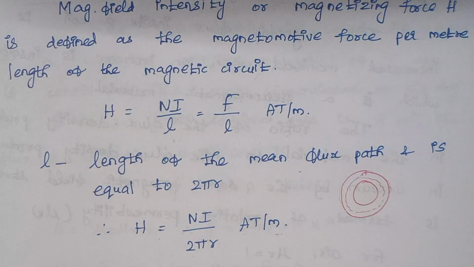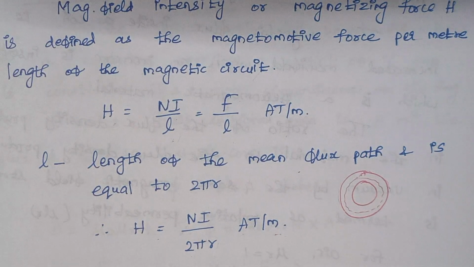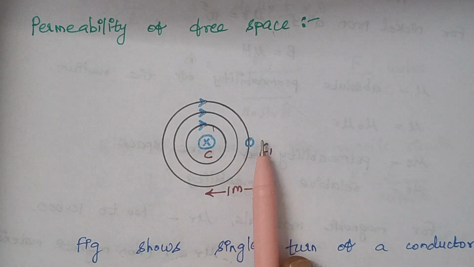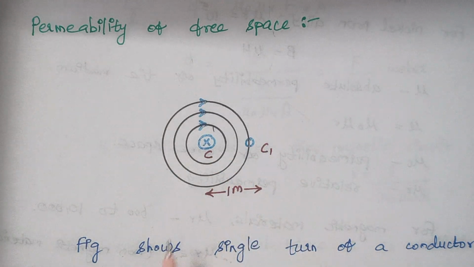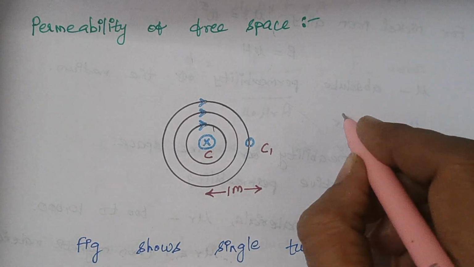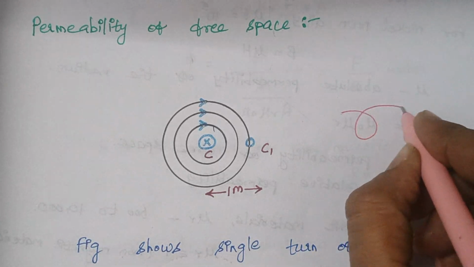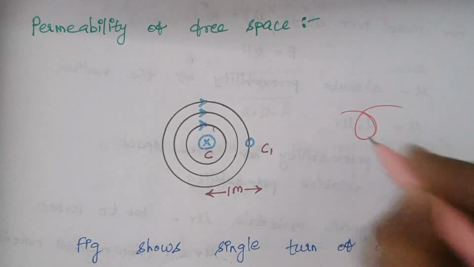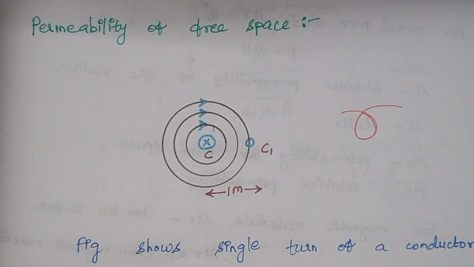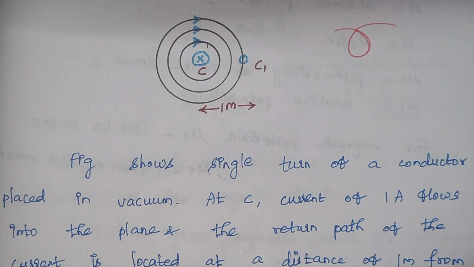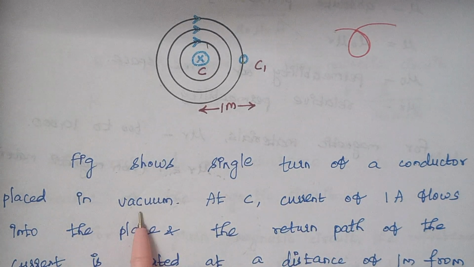So the next topic is permeability of free space. Again we are considering a conductor of a single turn. What do you mean by a single turn conductor? This is a conductor which has only one turn, right? So you see this diagram, we have a single turn of a conductor and we are placing it in vacuum.